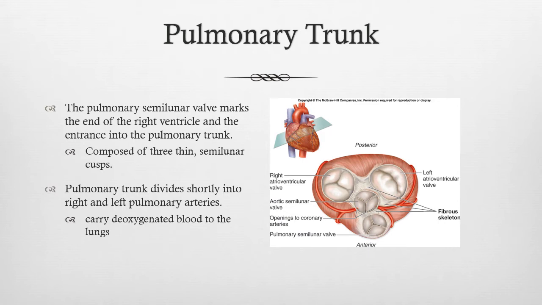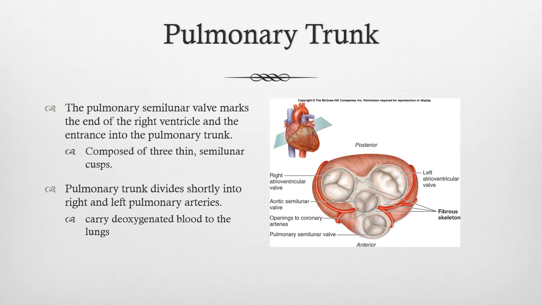From the right ventricle, we go into the pulmonary trunk. Pulmonary trunk is going to get us out to the lungs. In order to go into the pulmonary trunk, we have to go through the pulmonary valve. And so the pulmonary valve, or the pulmonary semilunar valve, is a valve that does not have any kind of extra attachments to it. And so just the three little cusps are enough to hold back the blood up in the pulmonary trunk.